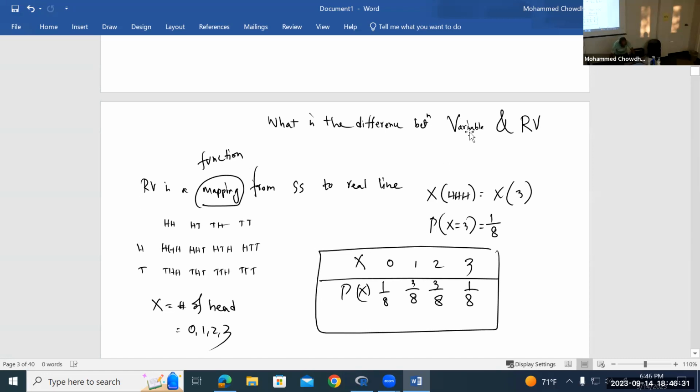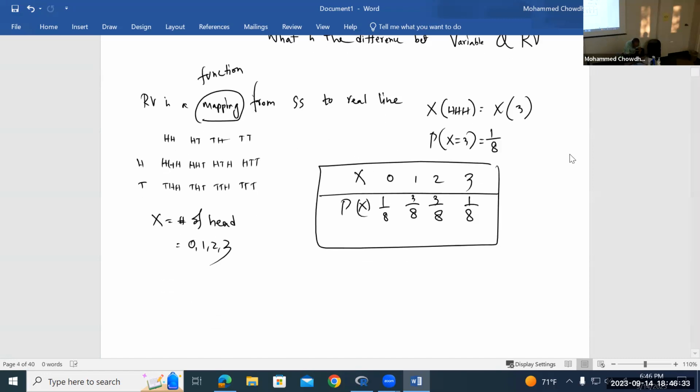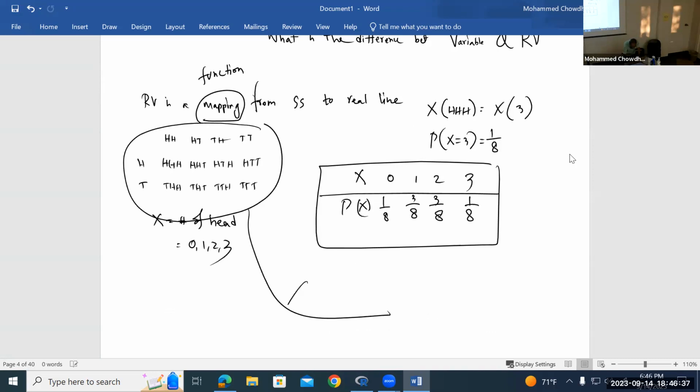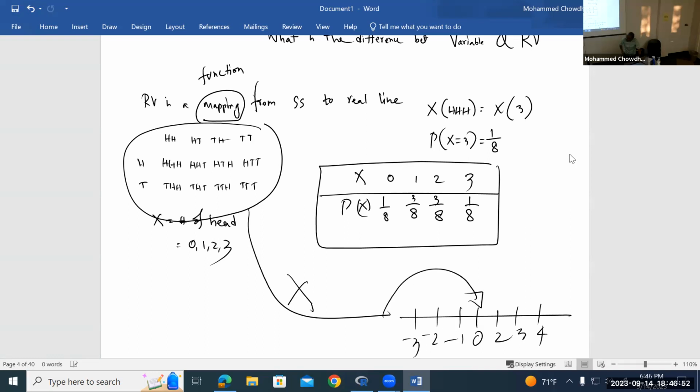So this is a sample space, and this X is a random variable. It is mapping to the real line 0, 1, 2, 3. So X is a function from sample space to real line.